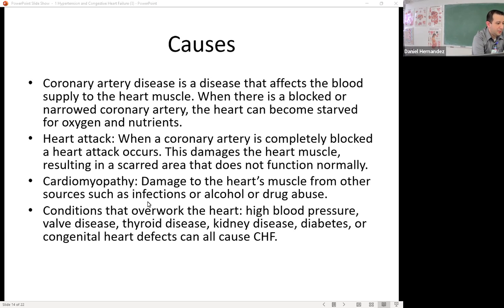Again, this could be due to infections, potentially alcohol or drug abuse, infective endocarditis, or something like amyloidosis or sarcoidosis affecting the myocardial layer. Other cardiomyopathies could potentially be idiopathic.